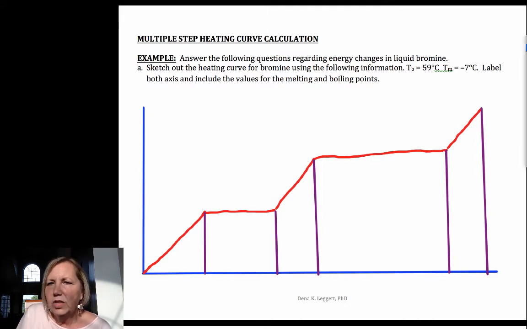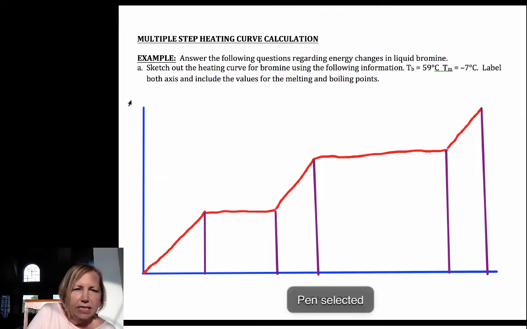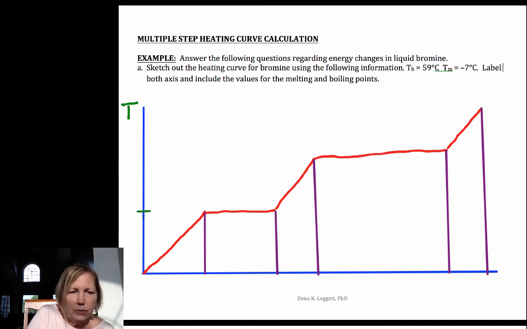So let's take a look at that and label our axes. Temperature would be the y-axis. My first plateau is my melting or freezing point. My second plateau is my boiling point.